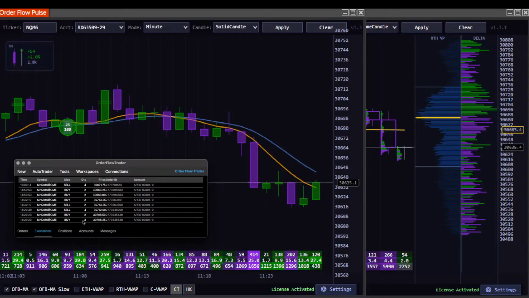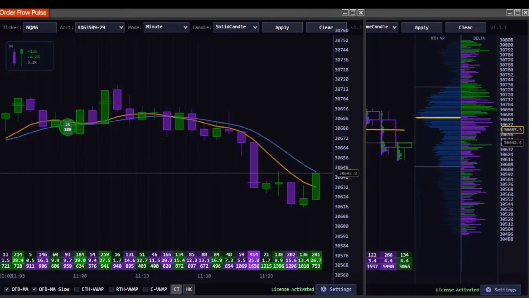The buy-in looks like it's being done in increments of two. That would have been awesome right there. Bam. That would have been another good one.